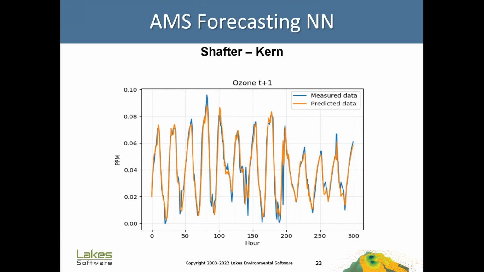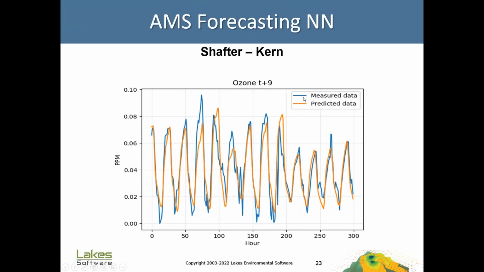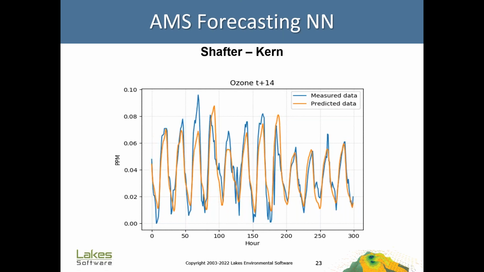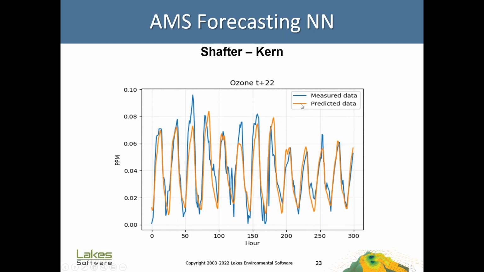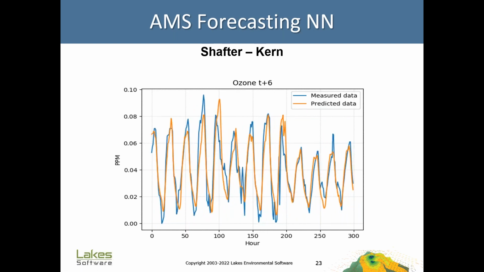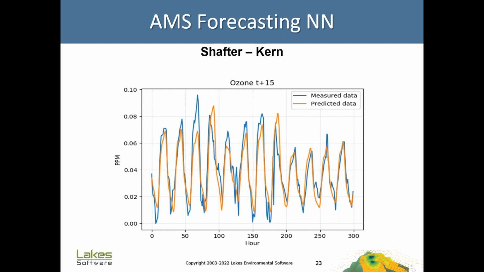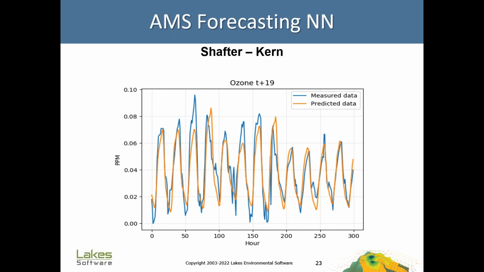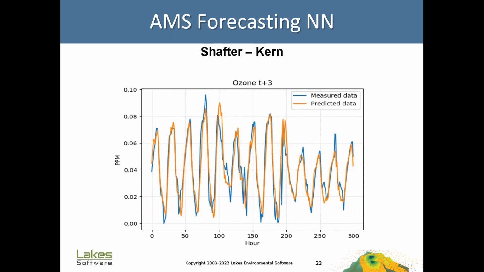So we ran Kern, and you can see here the blue is measured, and this is what we predicted 24 hours before. So right now we can take measurements and say these are the values that the monitor will measure up to 24 hours ahead. We're predicting with this accuracy here.